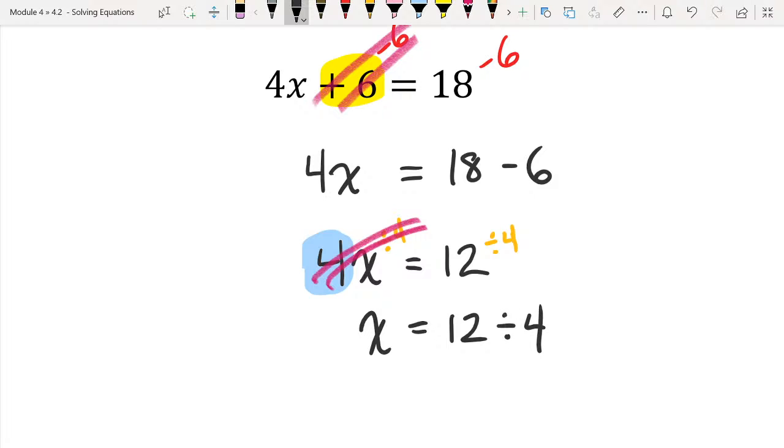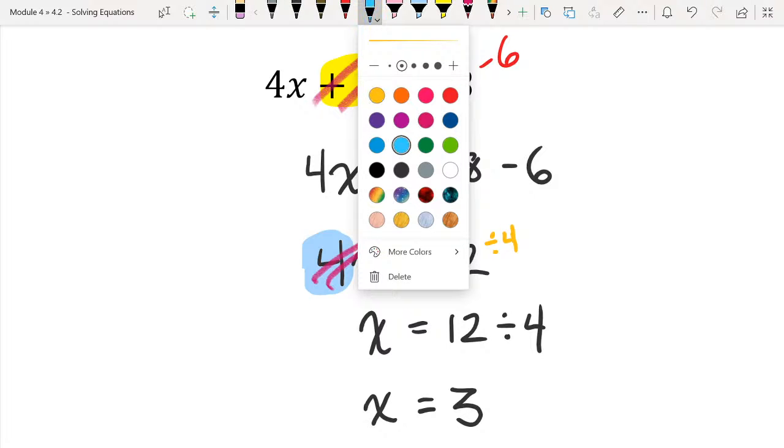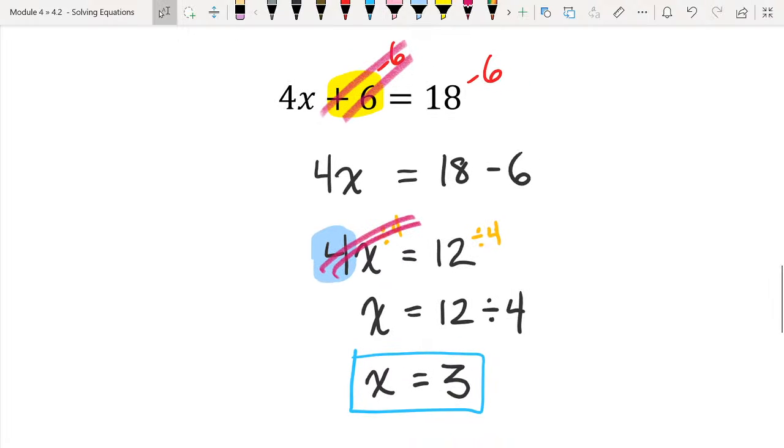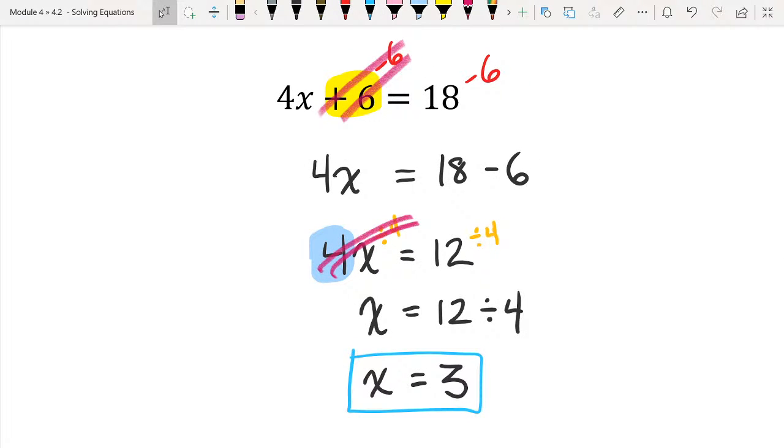And then we need to do that on our calculator if we need, or you can do it in your head. I happen to know that if we take 12 and we divide it into 4 groups, each of those groups is going to have 3. So our unknown number in this case is 3. So if somebody says to you, I am thinking of a number, and 4 times my number, and 6 more is 18, you'll be like, yeah, it's 3.